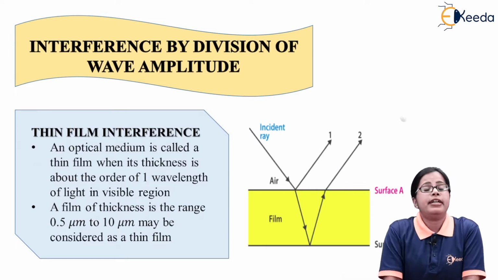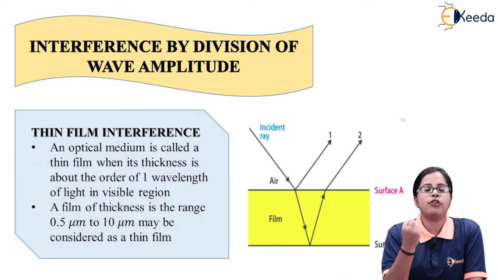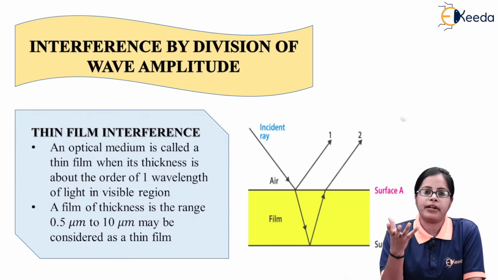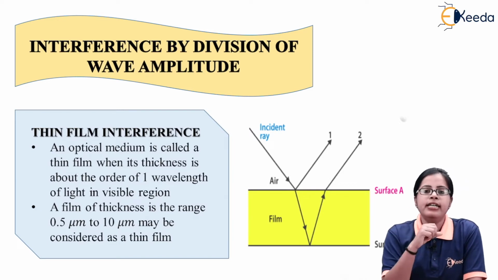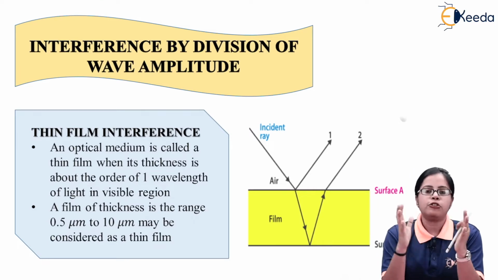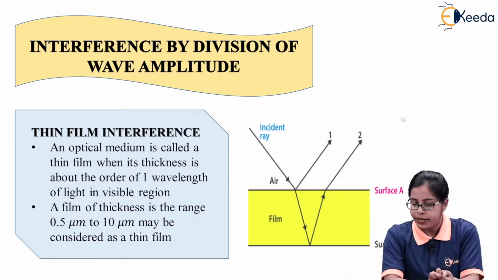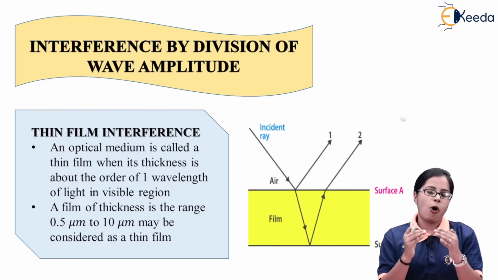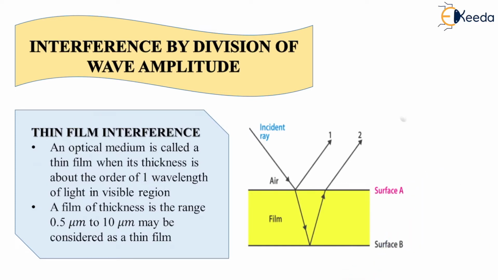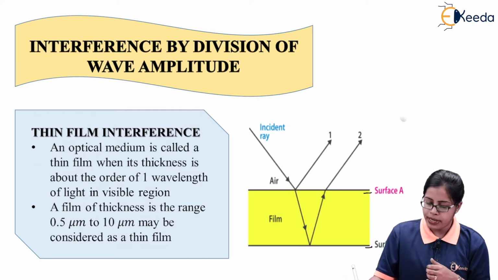Now, when you say interference by division of amplitude, the amplitude of the light waves is getting divided, and the reflected light which we get as a result is going to get overlapped or superimposed, giving rise to the pattern called the interference pattern. Next, as you can see in the diagram, we have an optical medium, from surface A to surface B. It's the thickness of the film, so I consider it as an optical medium.